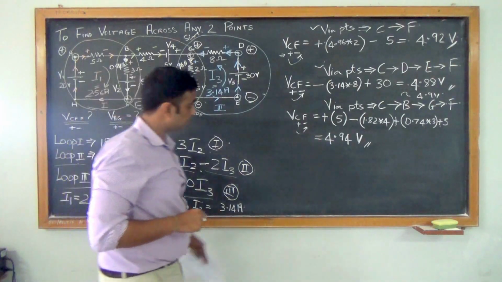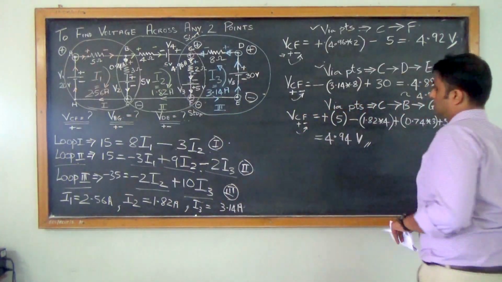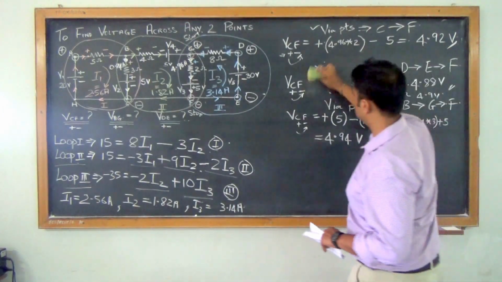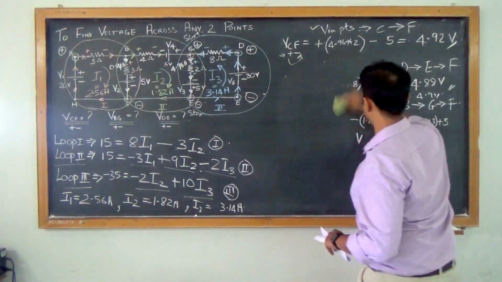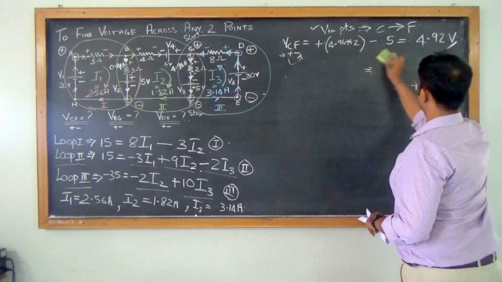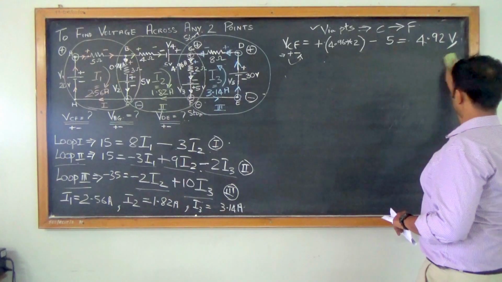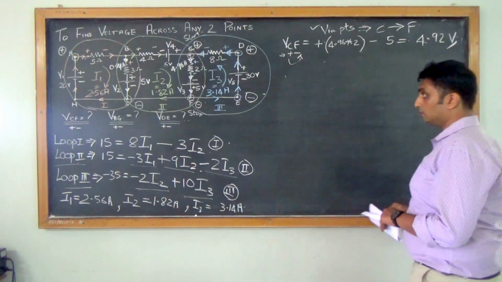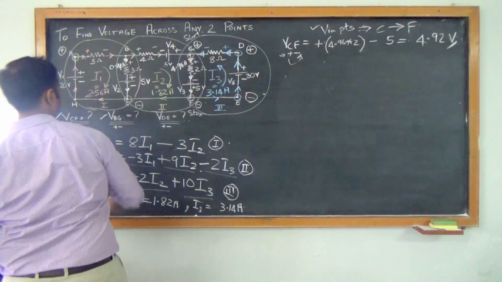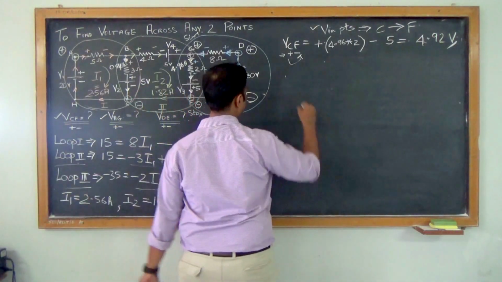Now, since we got the value of VCF, I'll rub these steps, since we already proved the point. And now I will go to find out the voltage across VAG. VCF is already found out.